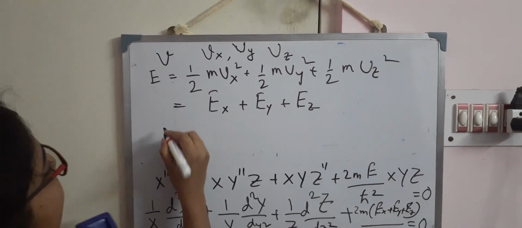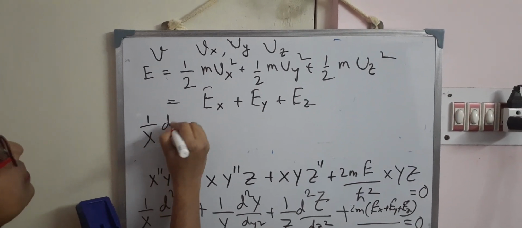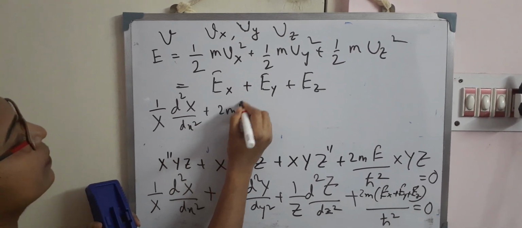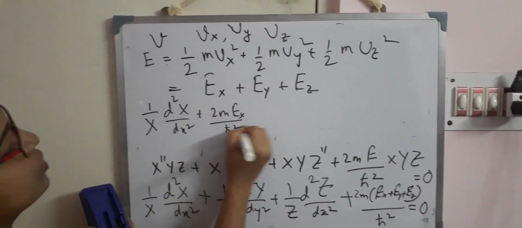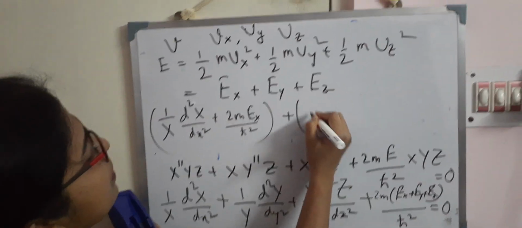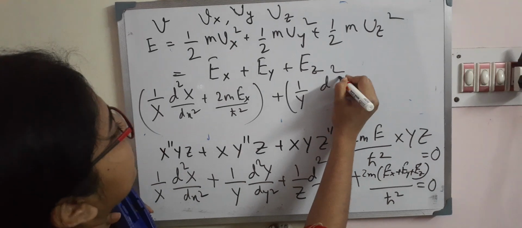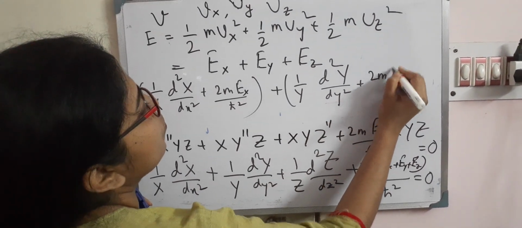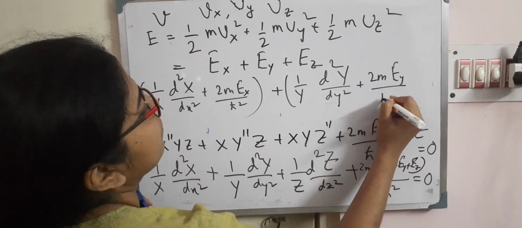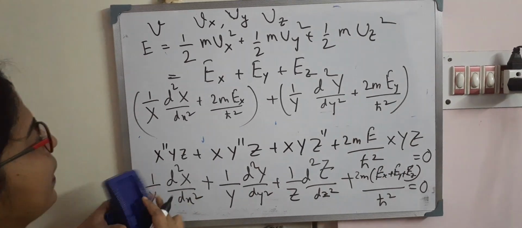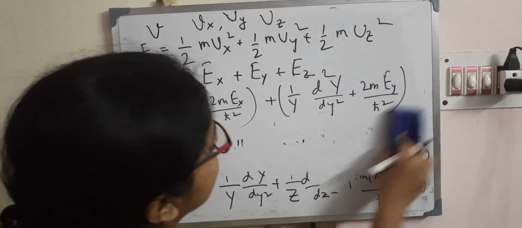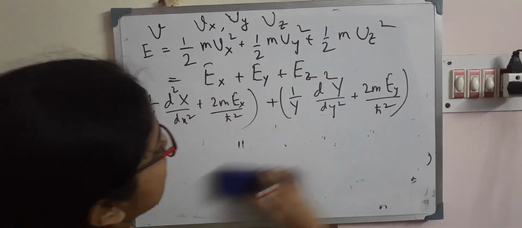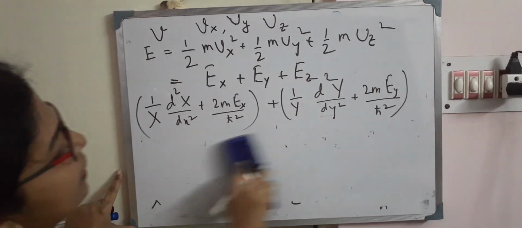Let me rewrite this equation as 1 by x d2x dx square plus 2m Ex by h cut square, plus 1 by y d2y dy square plus 2m Ey by h cut square, plus 1 by z d2z d small z square plus 2m Ez by h cut square.